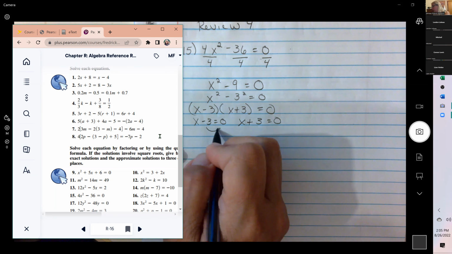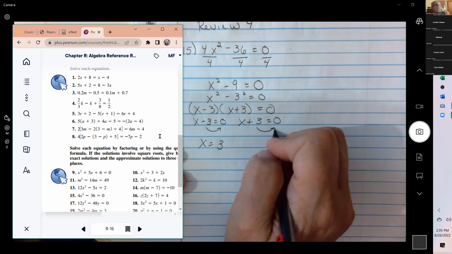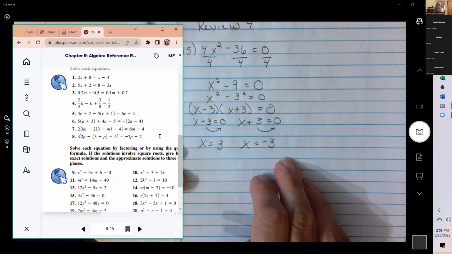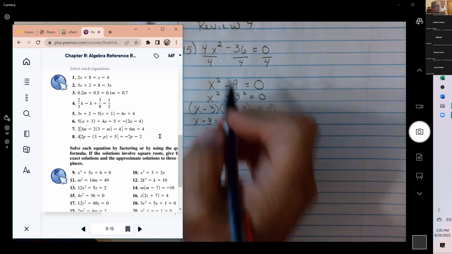Add the 3 over, subtract the 3. And you get a positive and a negative 3. So one way of doing it is factoring.